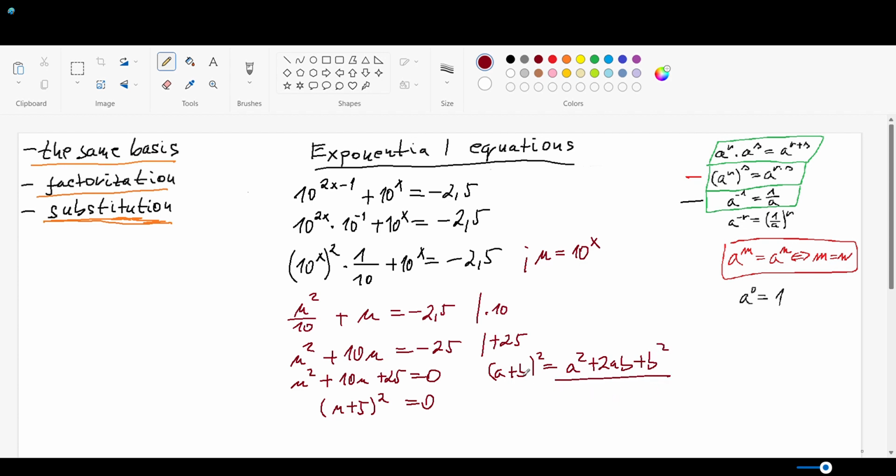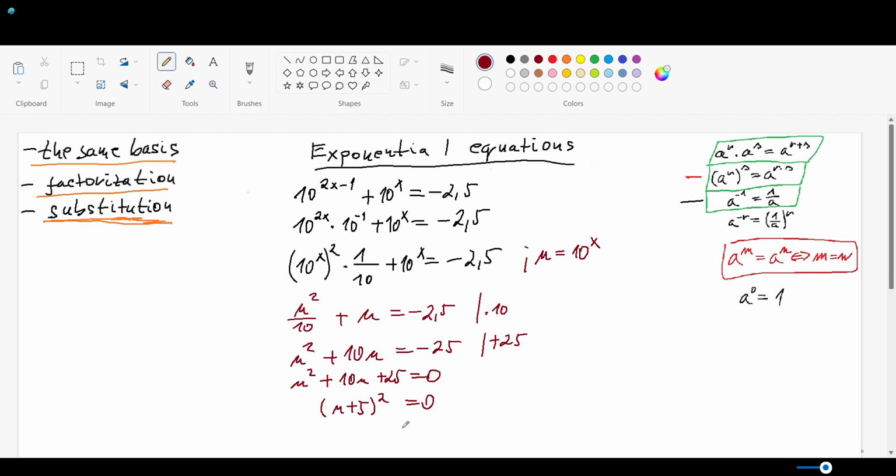And if this is true, then b must be 5, and if you think about it, it really fits our expression on the left side of the equation. So it is really a perfect square.